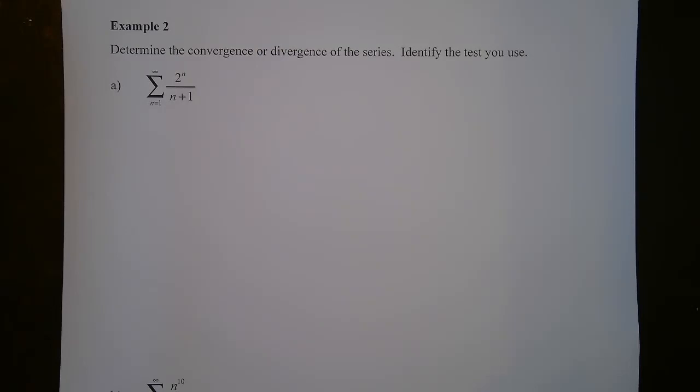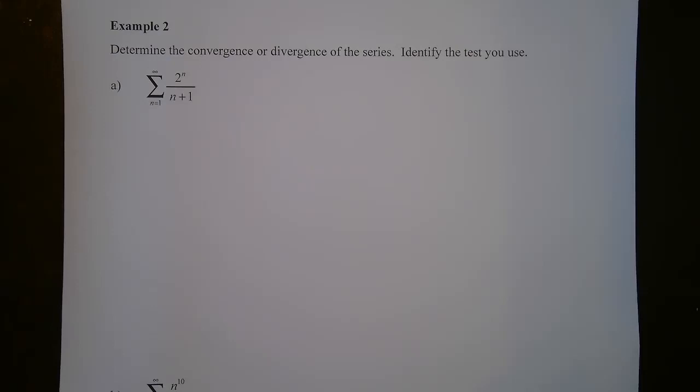Right here, and there's not a typo on this one, we have sigma n equals 1 to infinity, 2 to the n over n plus 1. You should be thinking, 2 to the n is going to grow faster than n plus 1.